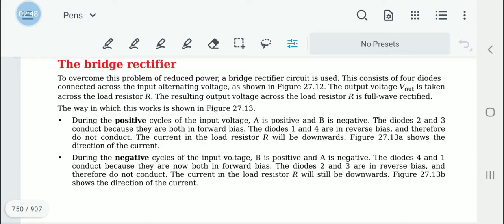Then the output voltage V out is taken across the load resistor R. So the output voltage across the load resistor would be fully rectified.